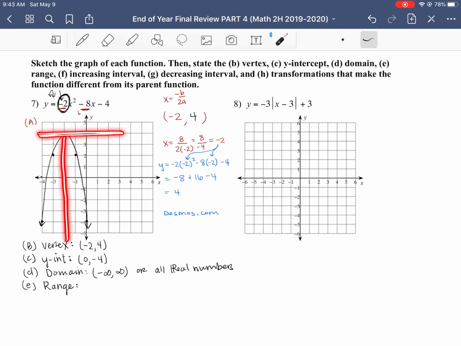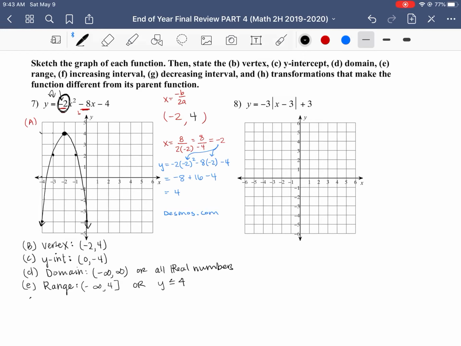So we could say from negative infinity up to 4, because we always go least to greatest. So we can write it in that way, negative infinity up to 4 with a bracket. Or some of you like the inequality notation better because it kind of makes sense. Y is always less than or equal to 4. It's always underneath that y is equal to 4 value.